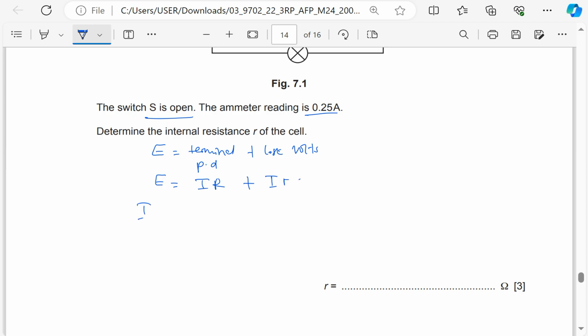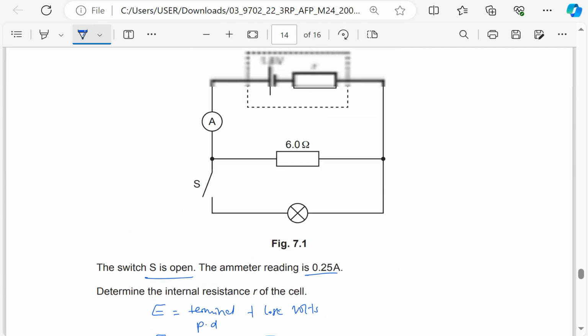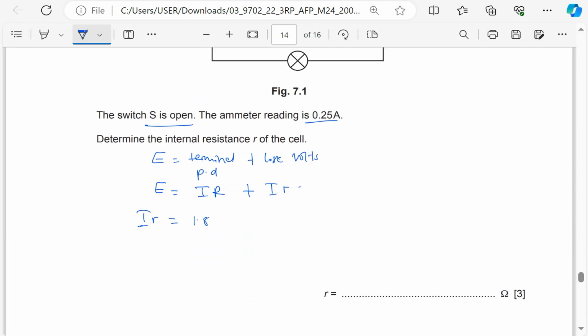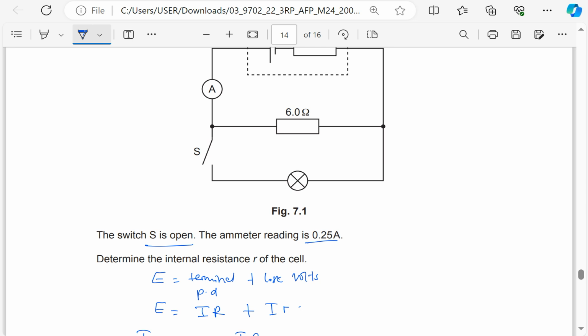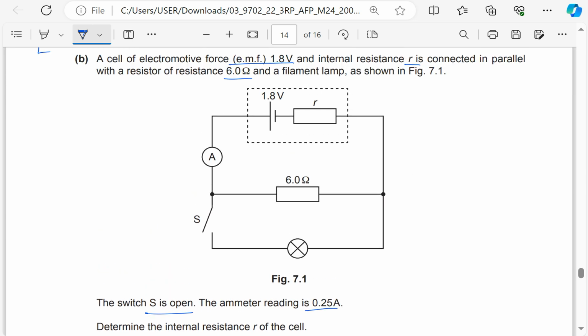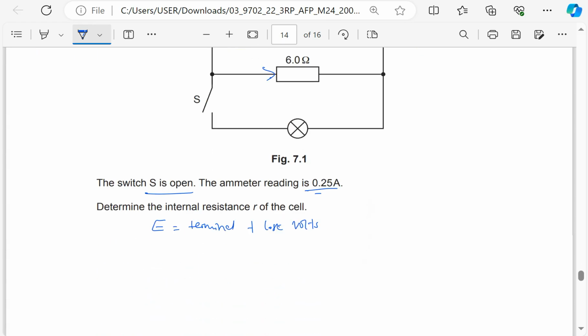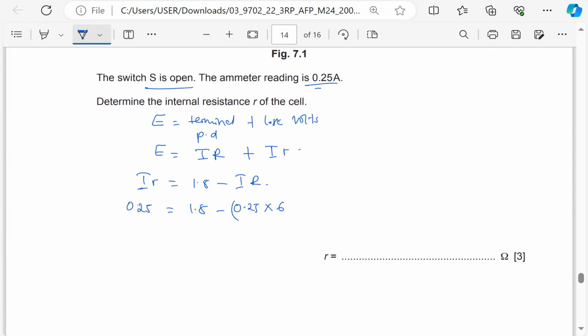So I times r is equal to the EMF, which is 1.8, minus I times capital R. Remember, the current, if the switch is open, is the same current through here, which is 0.25 amperes.